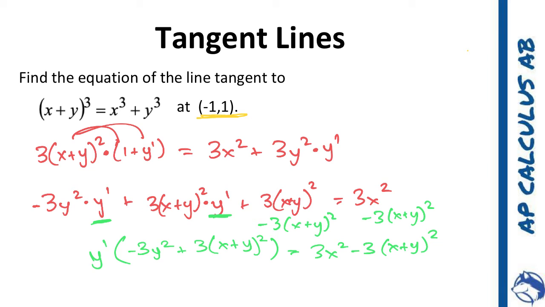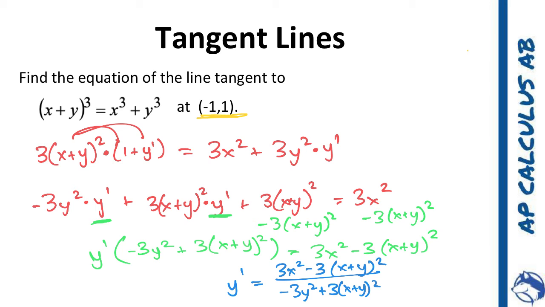So the last chunk that I have to do is I just have to divide by this piece here. So if I rewrite this, after dividing, I'm going to get 3x² minus 3 times (x + y)² divided by negative 3y² plus 3(x + y)².